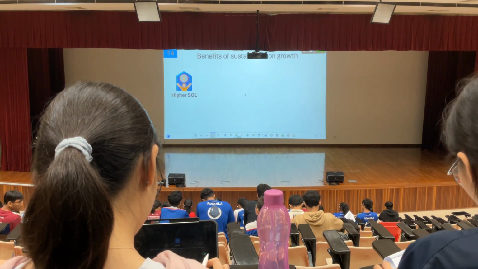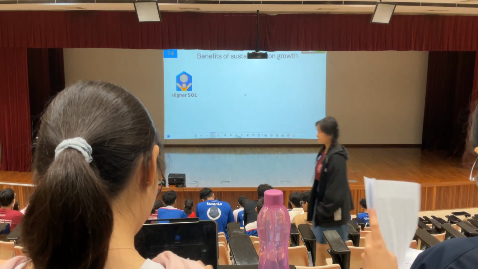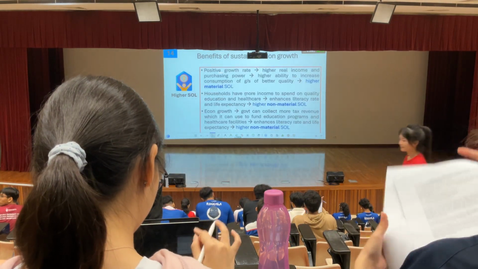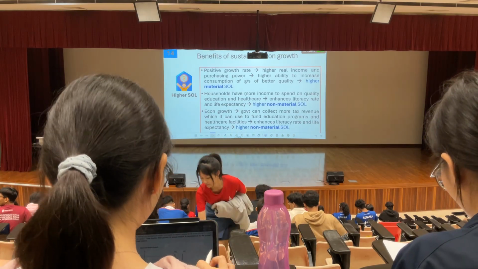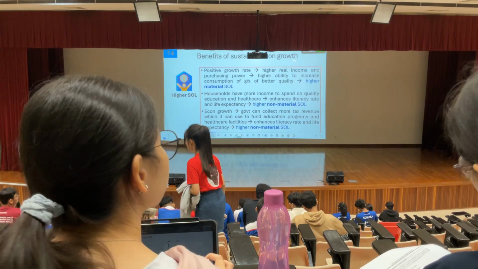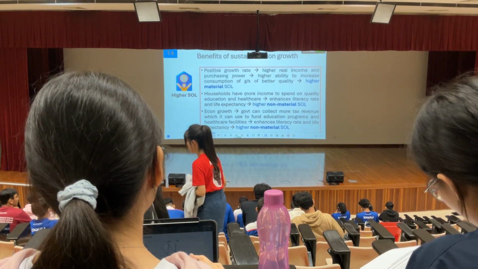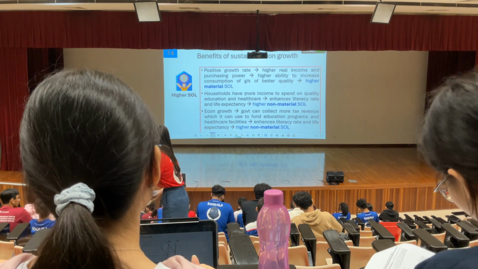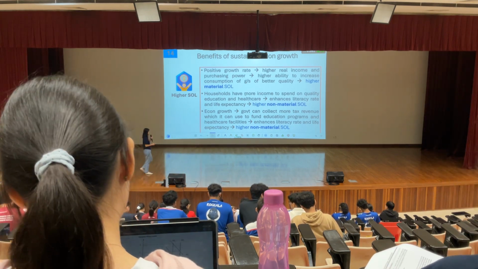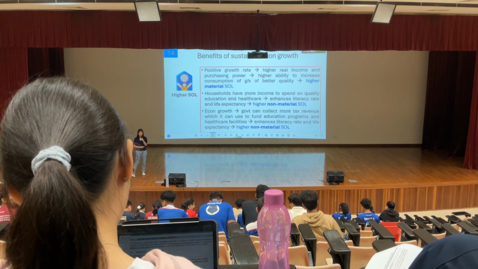Okay, page 14. With high economic growth, there will be higher standards of living. Standards of living meaning when there's positive economic growth rate, there's higher real national income in the country, households will have higher income, they have higher purchasing power, they have greater ability to buy and consume more goods and services. And when that happens, your material standard of living will be higher.